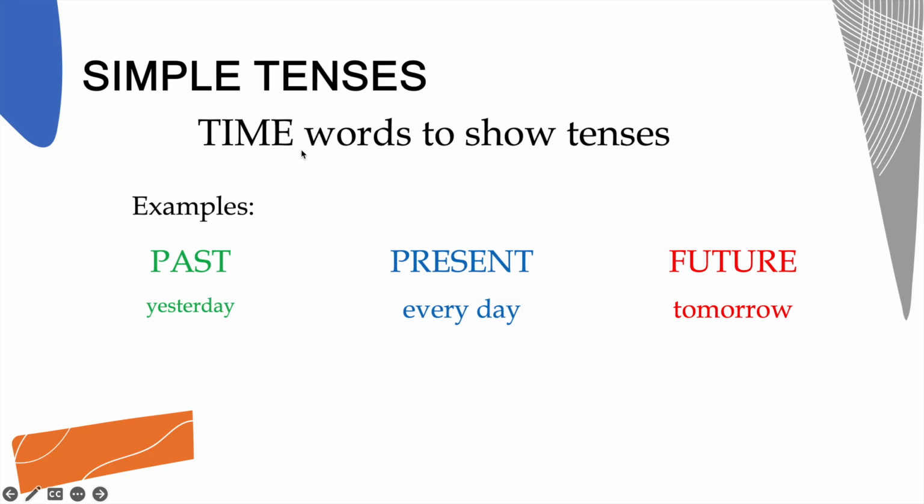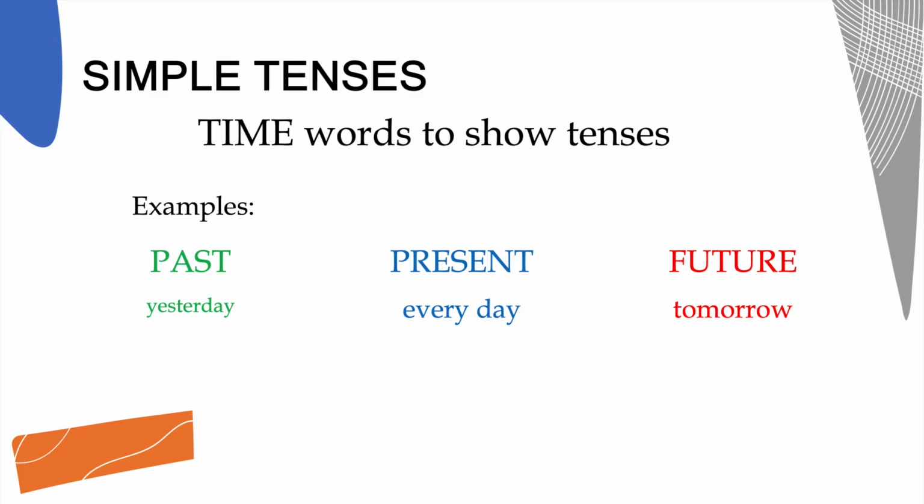The time word for past is yesterday, or any time word that means done or finished. For the present tense, the time word is every day, or any other time word that falls under the meaning of every day.